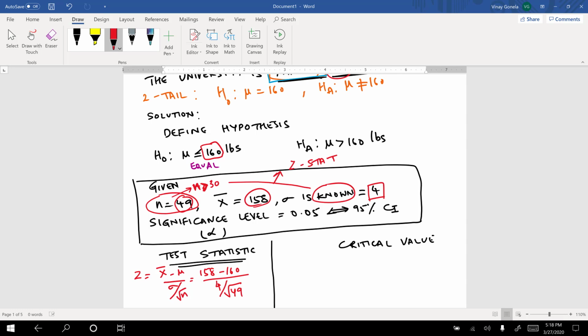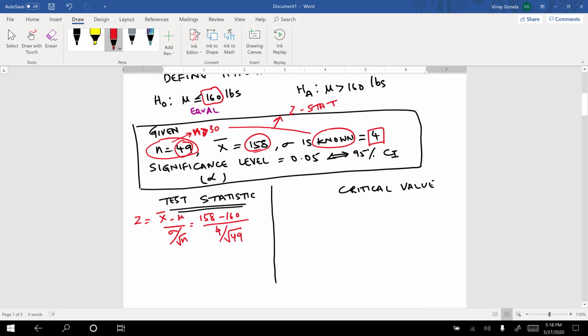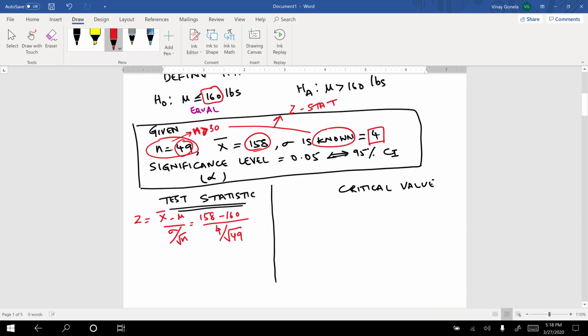This is going to give us a z value of negative 3.5.